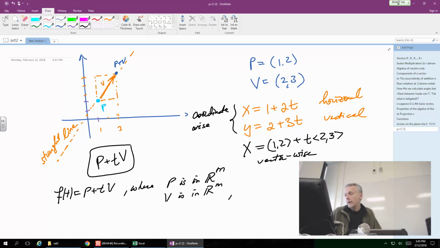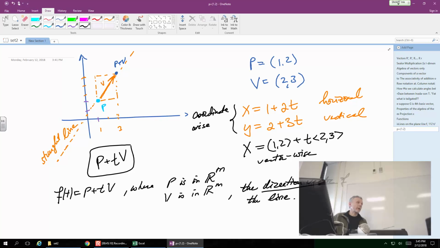It's called the direction vector. If you step away from the metaphor of motion, where v stands for the velocity, then you think of this as the direction vector of this particular function.